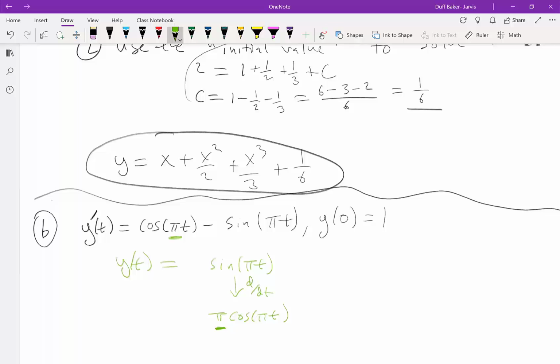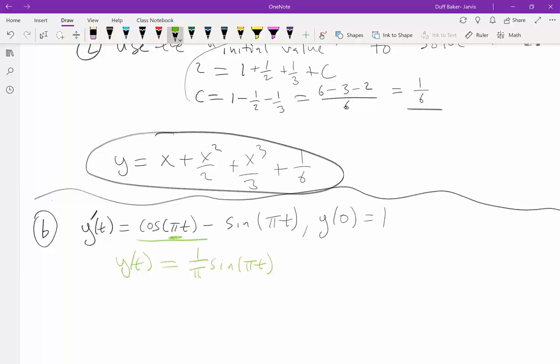And so we don't want that extra pi because we want just cosine of pi t. So that means we need to cancel it out with an extra 1 over pi. And now when I take the derivative of 1 over pi sine of pi t, I do indeed just get cosine of pi t.